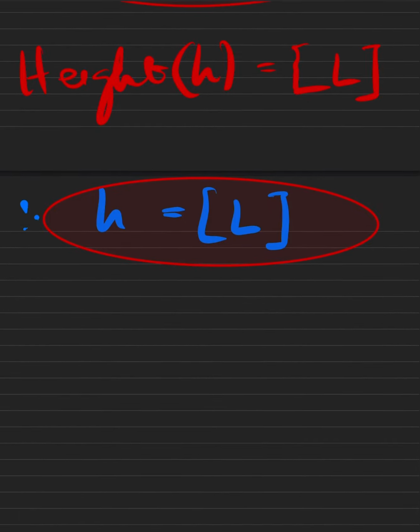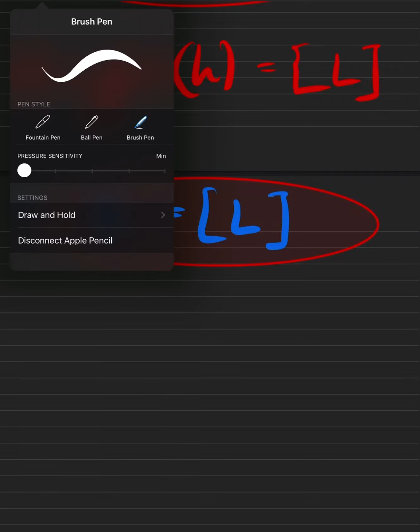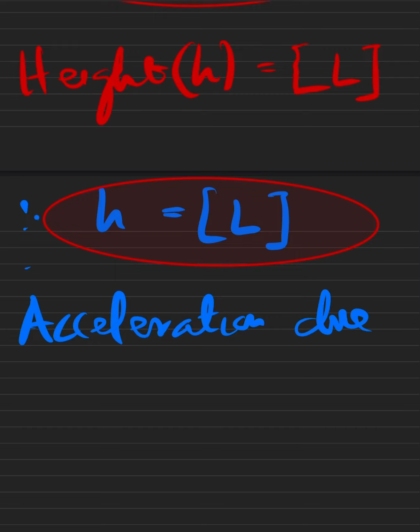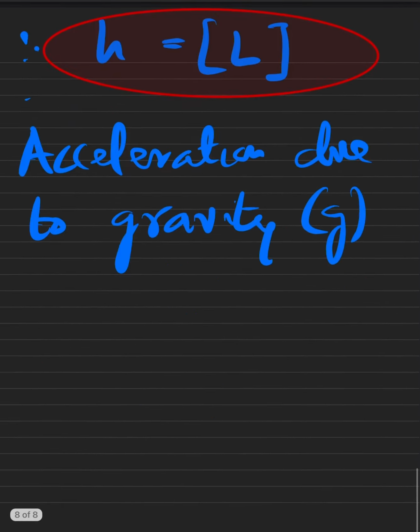So we all know that the dimension for the acceleration, the small g is just going to be treated like acceleration, right?